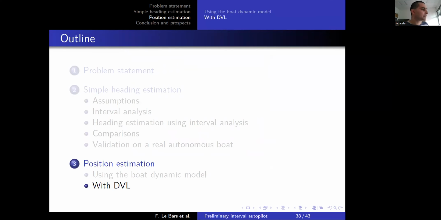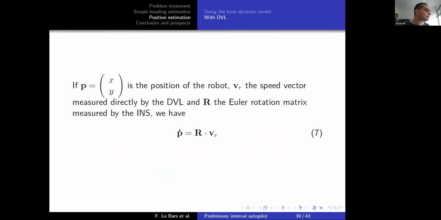And then we can consider another scenario of position estimation, where in this case, we will assume that we have on the boat a DVL sensor. So this sensor is able to provide the speed vector in the robot's coordinate system.